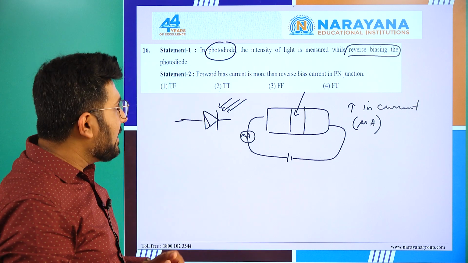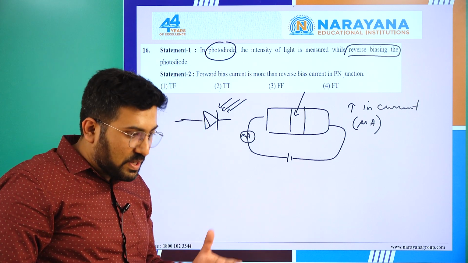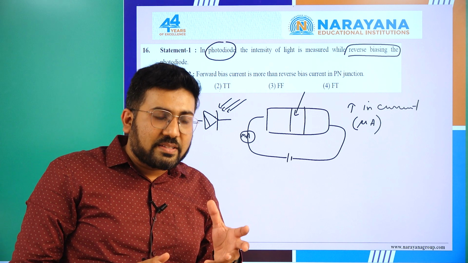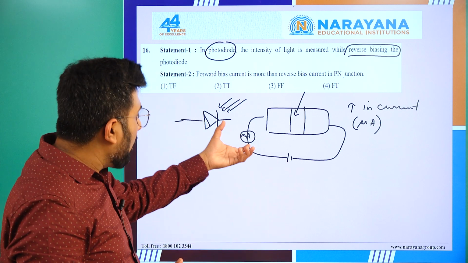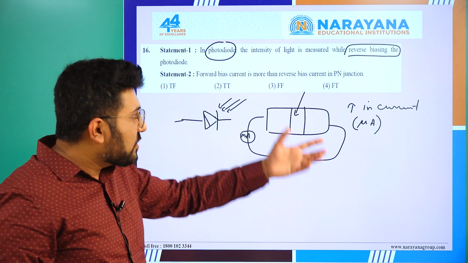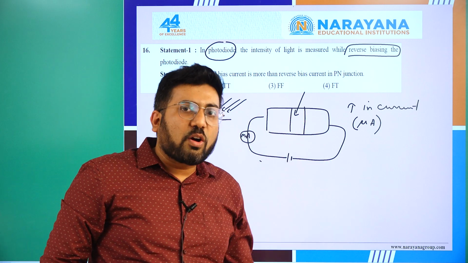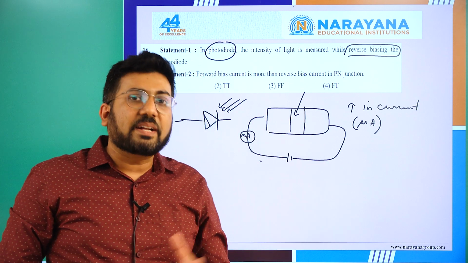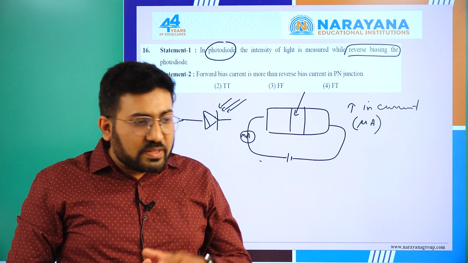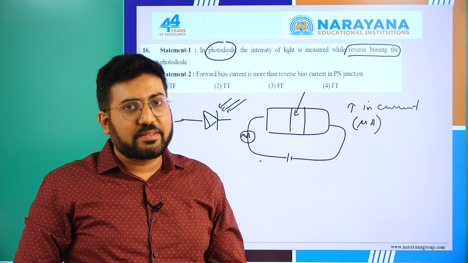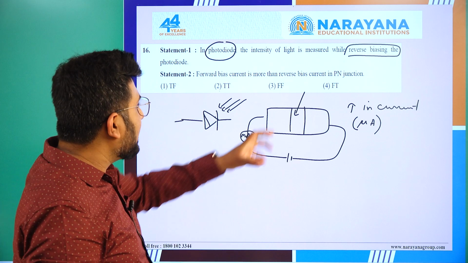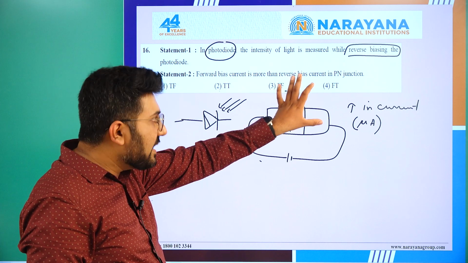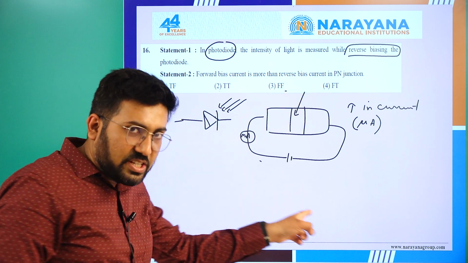So that is why we do not use forward bias, because in forward bias the current already will be very high, and a small change in current will not or may not be detected properly. So the sensitivity will be less. The intensity is detected with the help of the change in current.